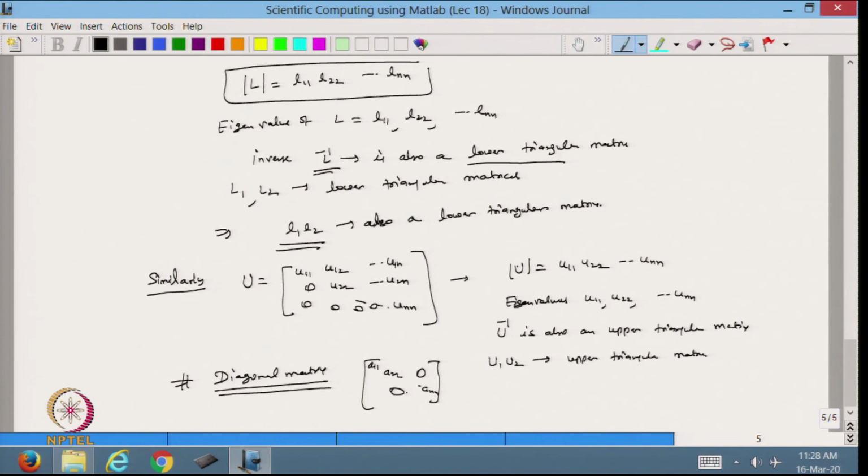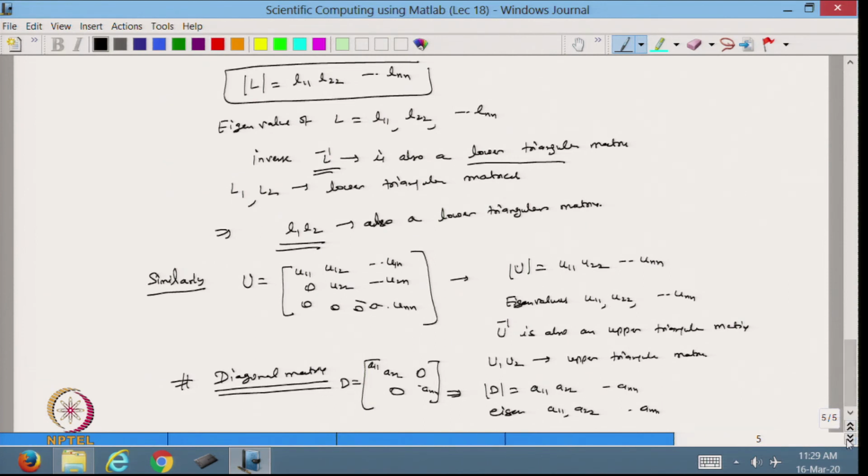So, it can be treated as a lower triangular matrix or an upper triangular matrix. The determinant of D is again A11, A22, ANN, and the eigenvalues are the same: A11, A22, ANN.